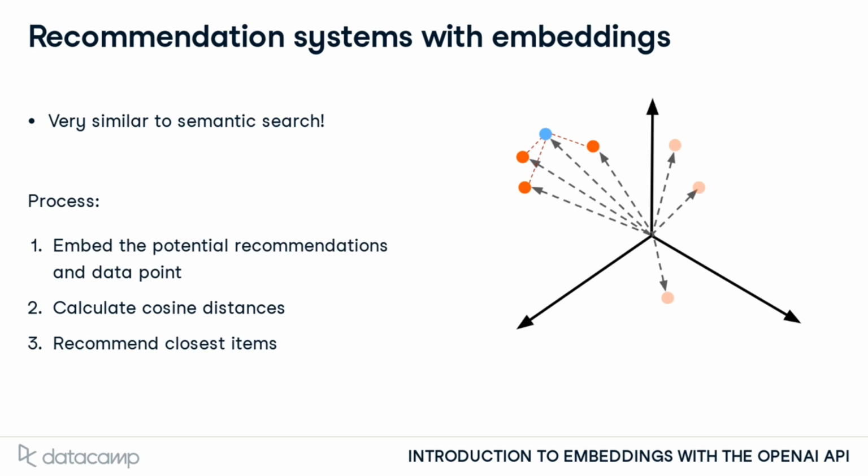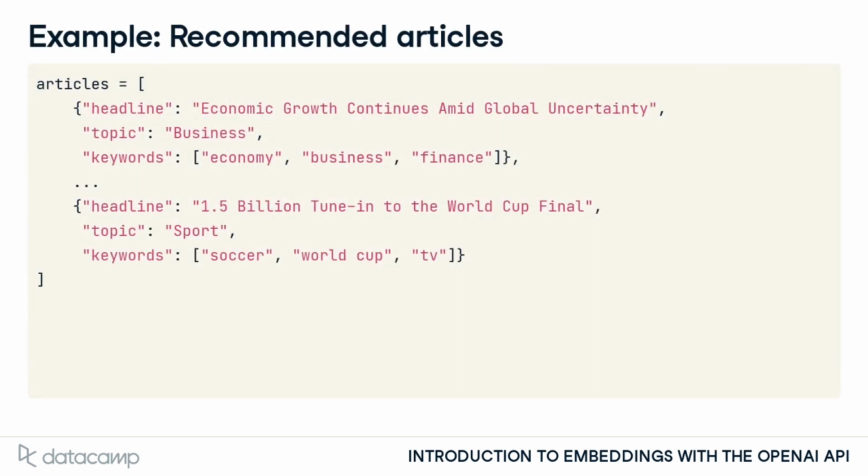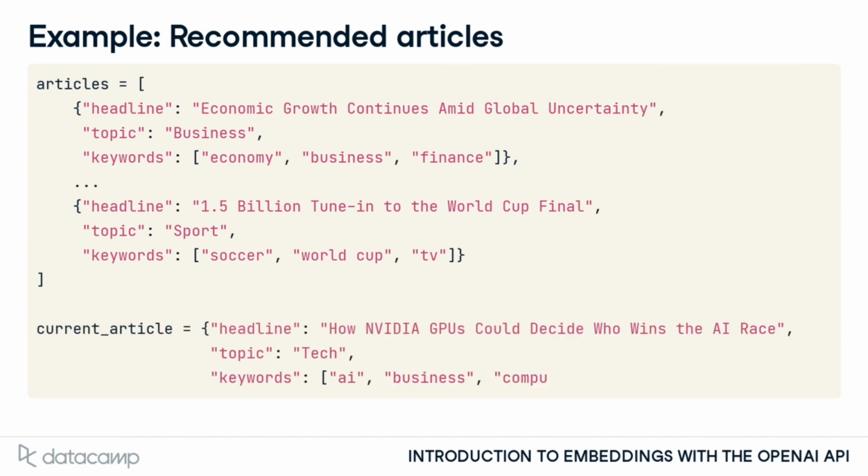Let's take a look. We are returning to the news article dataset to design a recommendation system that recommends the 3 most similar articles to the one currently being read. This recommendation will be based on the article's headline, topic, and keywords stored in a dictionary called current article. This particular article is about the impact of computer hardware on AI advancement.